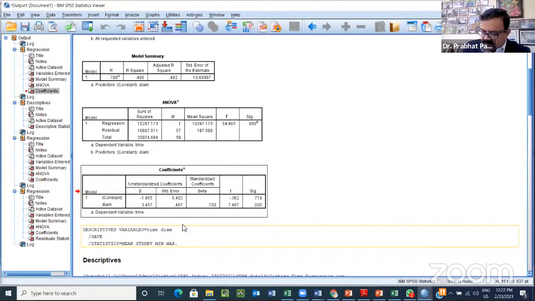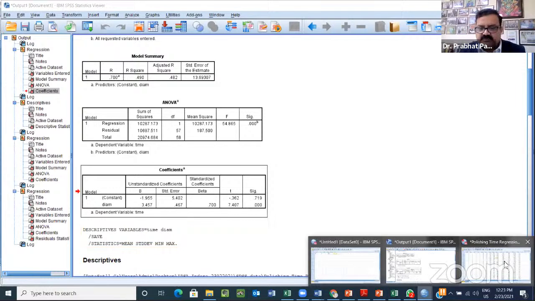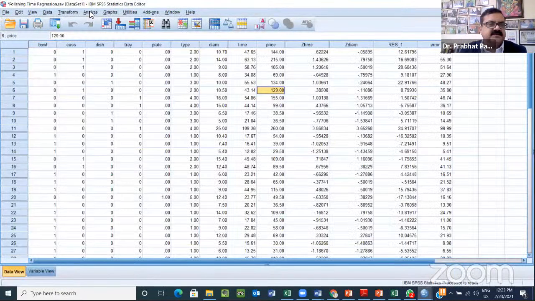Time is equal to... If we do time minus, it will become plus 1.955, and then it will be minus 3.457 diameter, right? So this is what it is. Okay. Thank you so much for pointing it out. So it was my mistake.